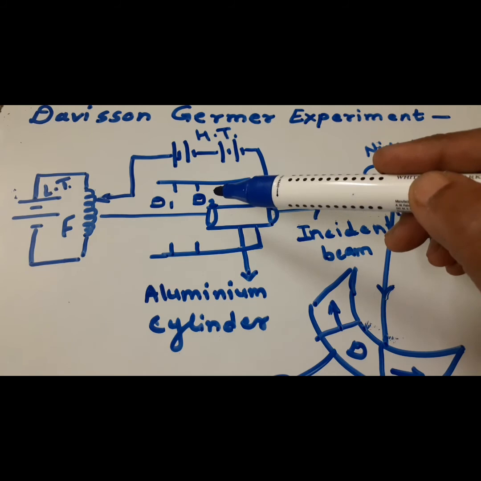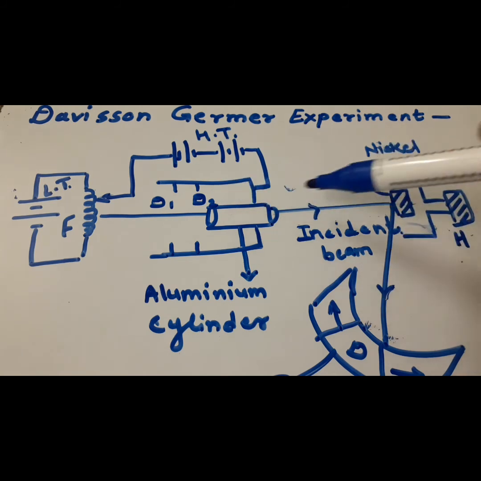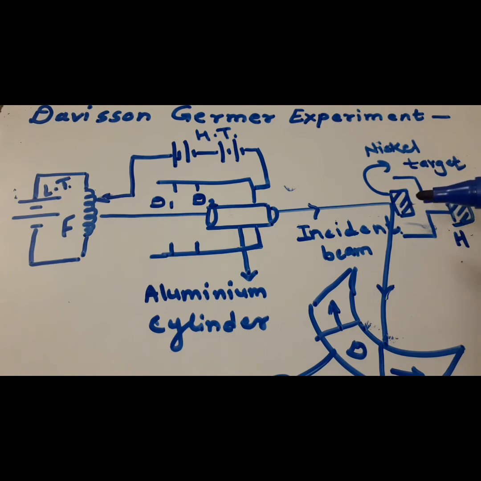Then the electron beam is allowed to be incident on the nickel target crystal. The crystal can be rotated using the handle H about the axis parallel to the axis of the incident beam. The atoms of the crystal scatter the incident electrons in all directions.